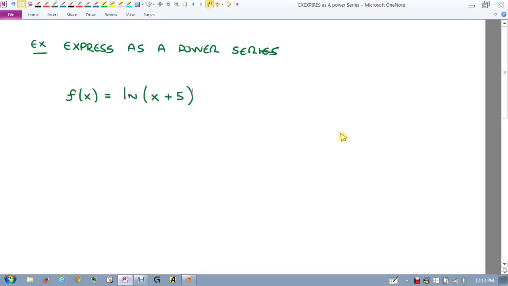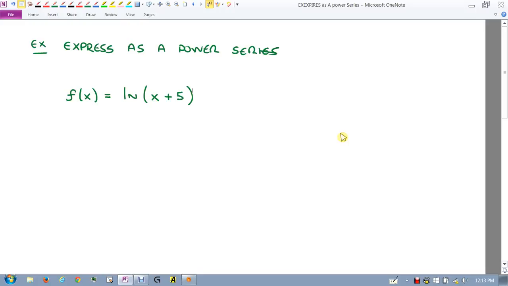All right, so look, all we have right now is what's on the board over there. If we can somehow make that look like 1/1 minus x, then we can convert it using that geometric series expansion. Natural log of x plus 5 is nowhere near 1/1 minus x.